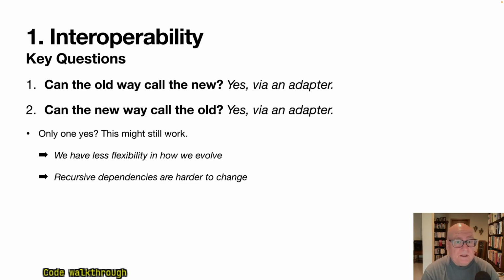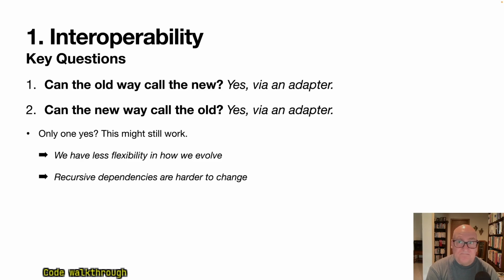Because we can call old or new in any order, we can pretty much start anywhere and do any piece and work our way forward. If we're restricted about old calling new or vice versa, we have to start either at the top or the bottom.